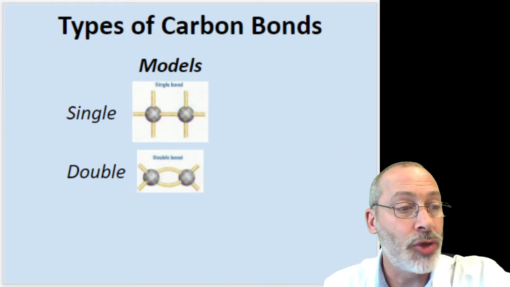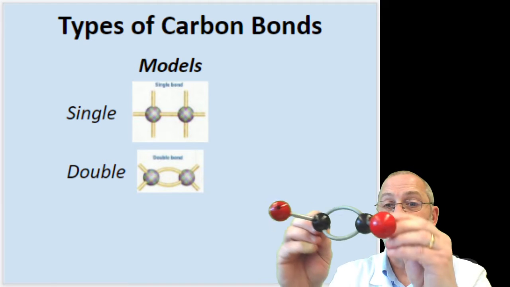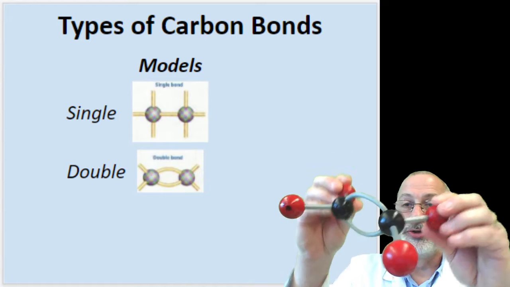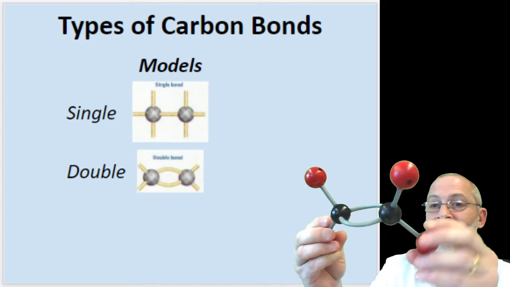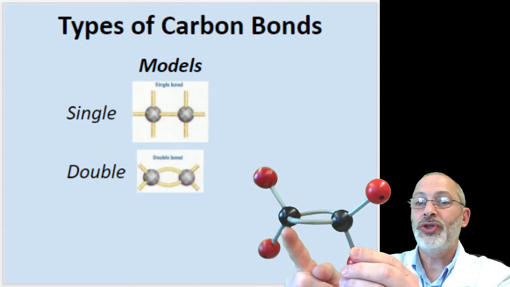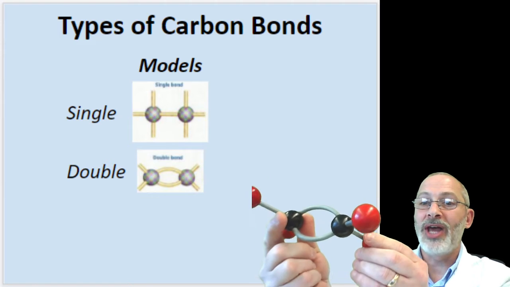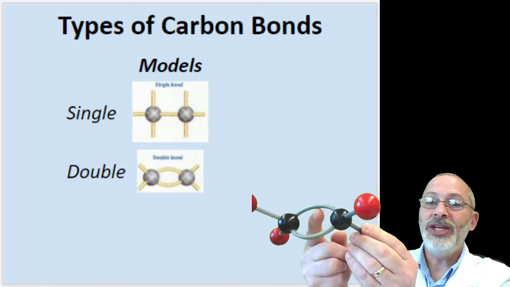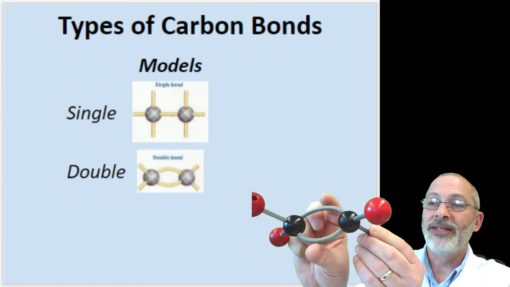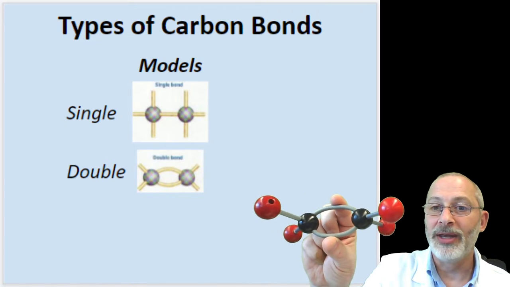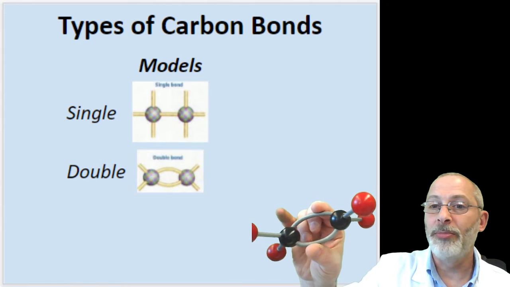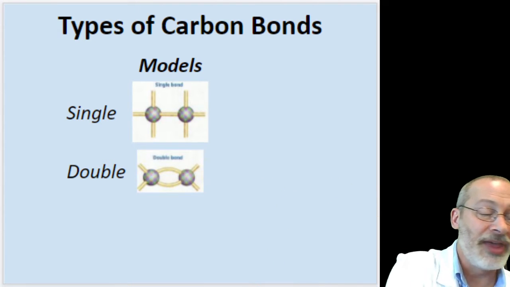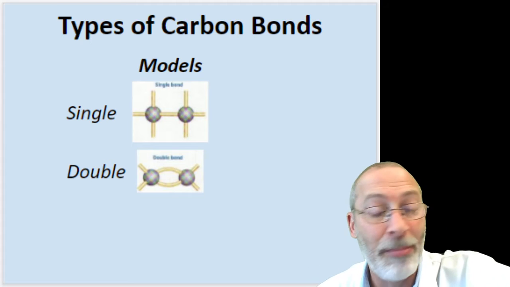Well, how does that contrast with double bonds? Well, look at this model. If you look at this 3-dimensional model here, you can see that between these 2 carbon atoms, there's not 1 rod, there are 2 rods. And each of these rods represent a covalent bond. So between this carbon and this carbon, there are 2 bonds. So we call that a double bond.